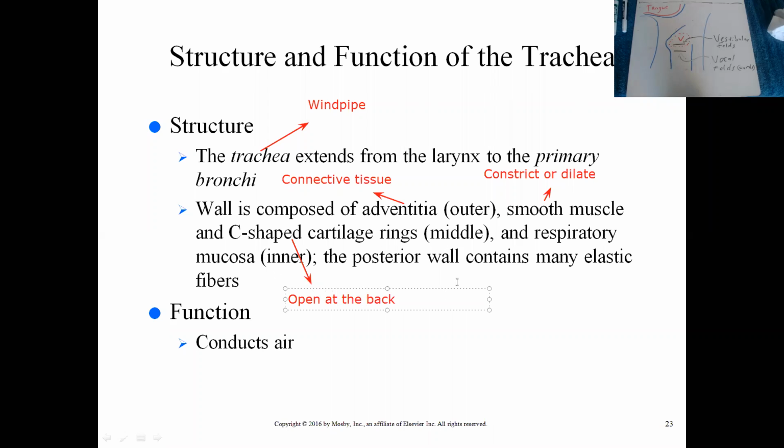They don't go all the way around. There's a reason for that we'll see on the next slide. And of course, like all the other parts, the trachea has some mucosa. Function of trachea: just a tube that conducts air.